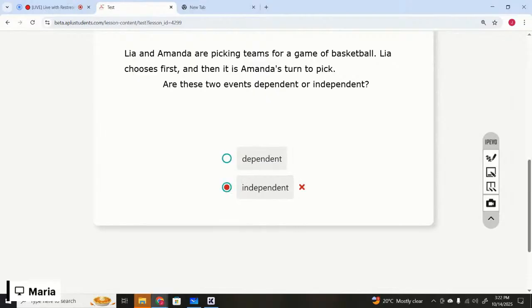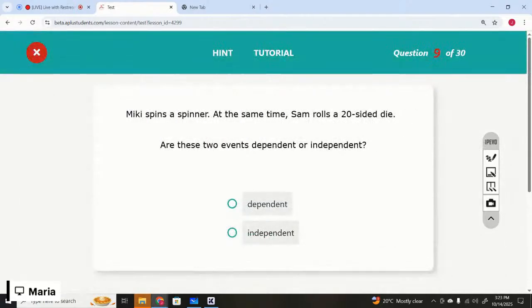Independent events they are. Got it, they are the dependent events.